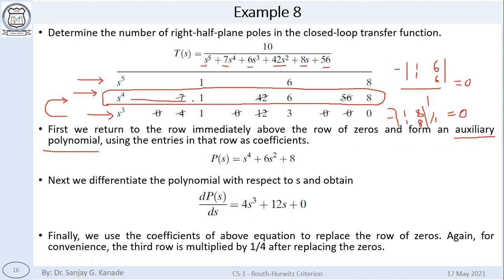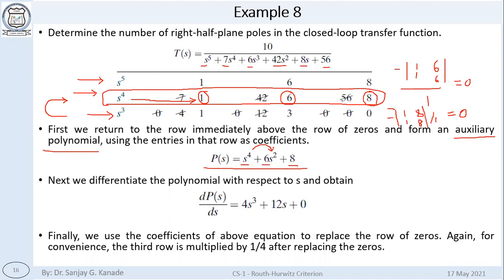So what is that polynomial? This one, 1, 6, and 8. These are the coefficients in this s raised to 4 row. And we start from s raised to 4. So the auxiliary polynomial P(s) is s raised to 4 plus 6s squared plus 8.